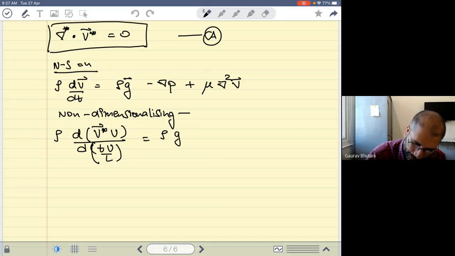We'll assume that gravity is in the minus z direction, so I can write the g vector as minus g k hat. Now the grad operator was written as the grad star times 1 by L. Let's go and check.